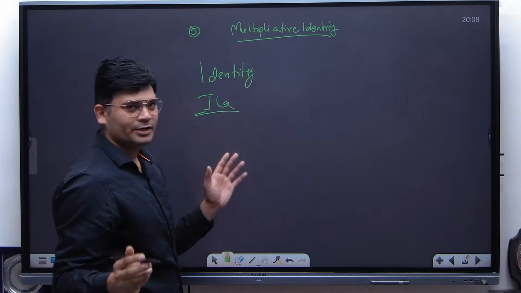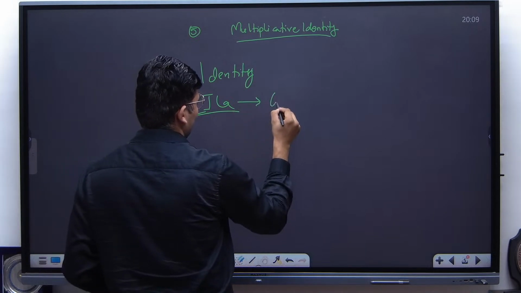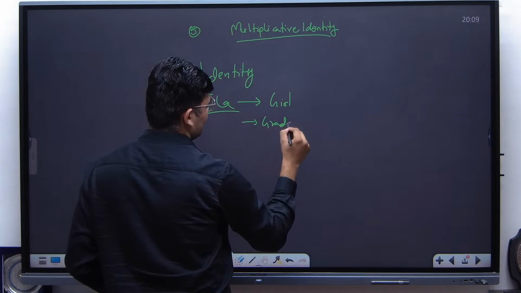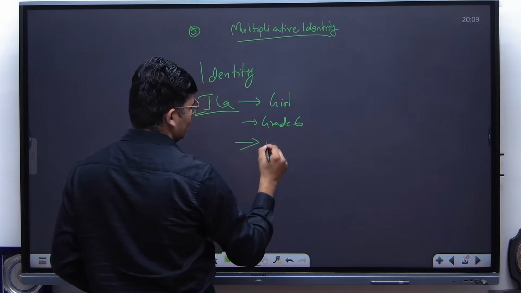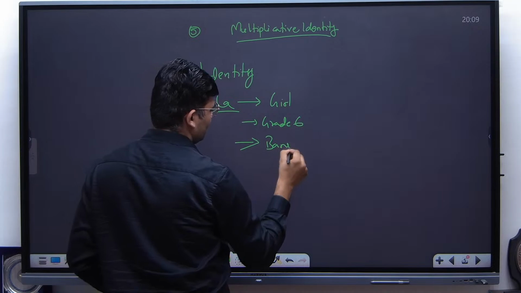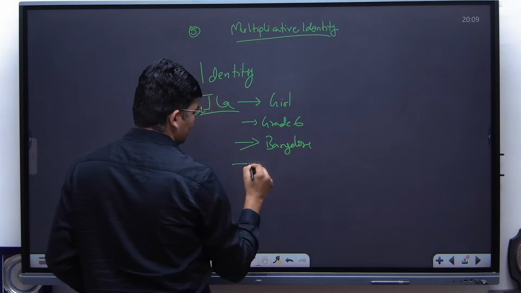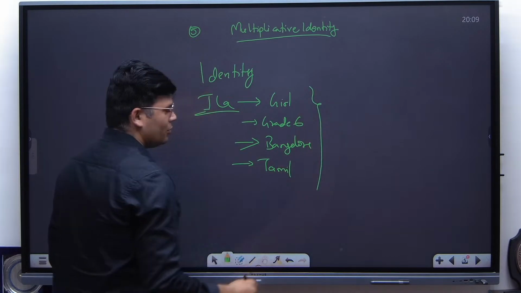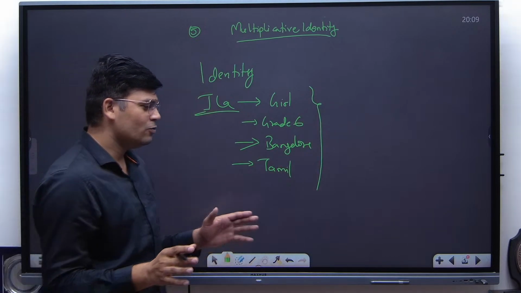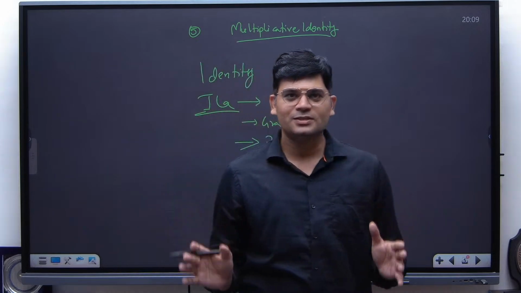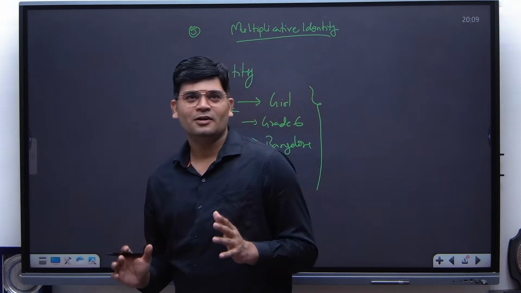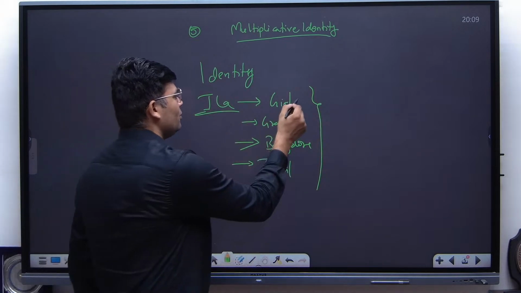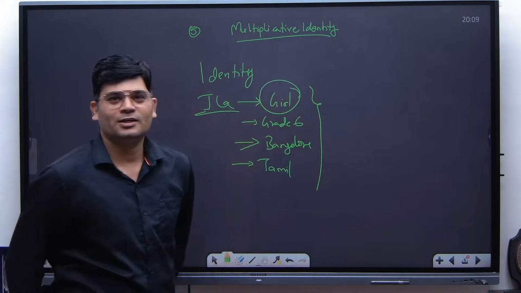The first identity may be you are a girl, you are in grade 6, then you are in Bangalore, then you speak Tamil. I know that you love peace, but suppose there is a fight between a girl and a boy, then you are going to support your own identity.